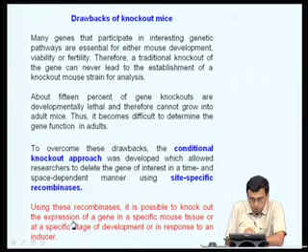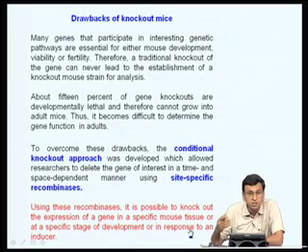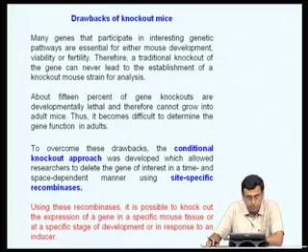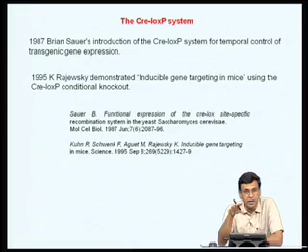So using the site specific recombinases, it is possible to knock out the expression of a gene in a specific mouse tissue or at a specific stage of development or in response to a specific inducer. I am going to spend some time to explain how this conditional knockout is done, because it's a very important technology. The key to the development of this conditional knockout mouse technology is the identification of site specific recombinases.